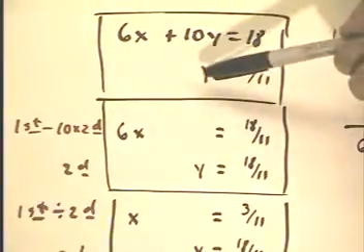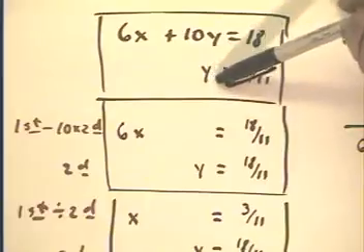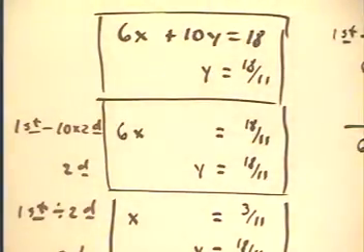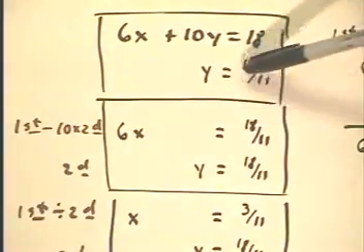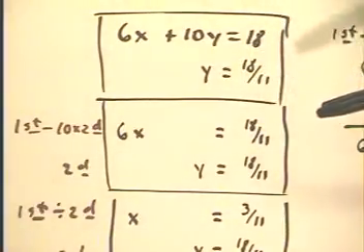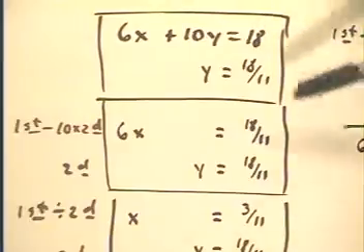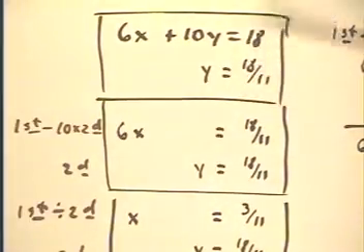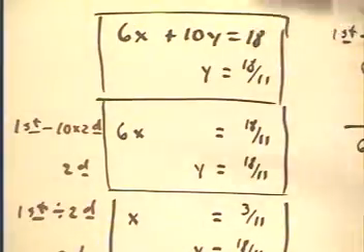Negative 10 times y is negative 10y, so when I add it to 10y, the y is going to be eliminated. Negative 10 times 18/11 is negative 180/11. If I add negative 180/11 to 18, which is 198/11, I get 18/11 coincidentally.